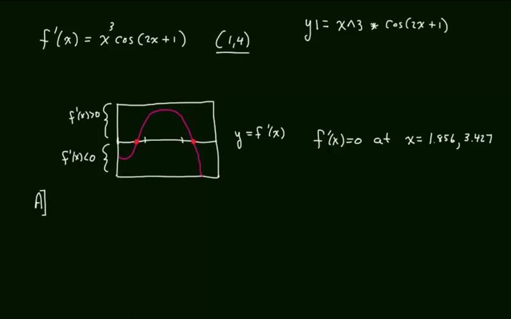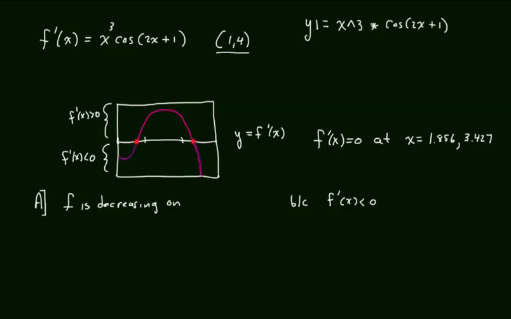Part A, where is f decreasing? F is decreasing on some interval, and the reason for that is going to be because, do you remember, f prime of x is less than 0. So I have to literally see where this graph function is below the axis.